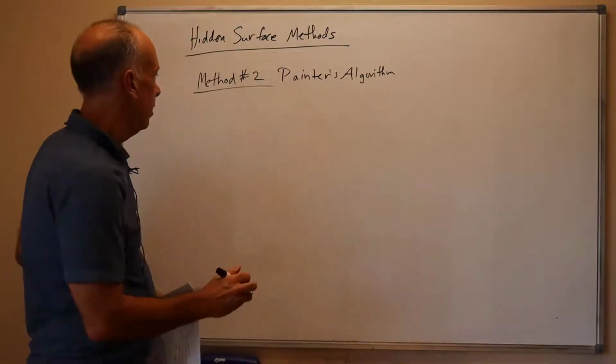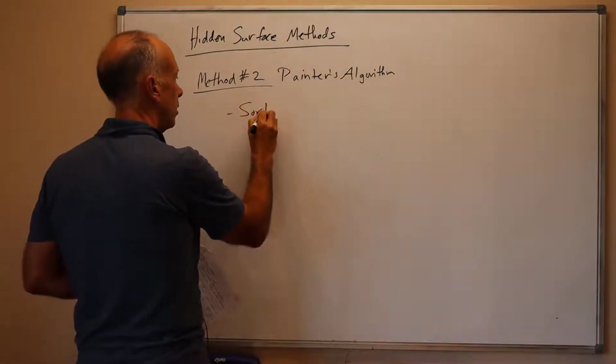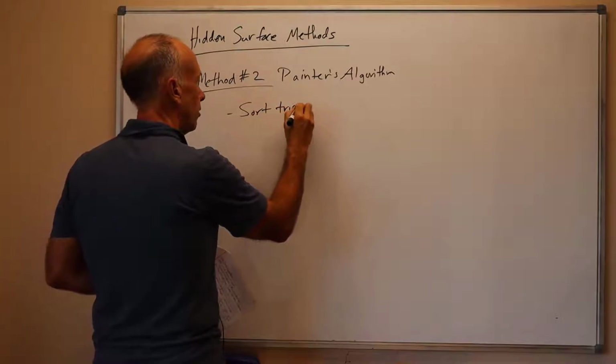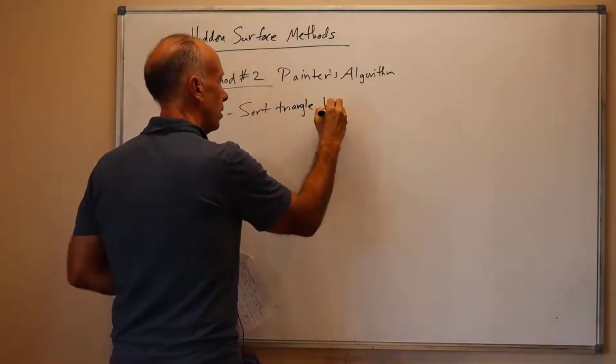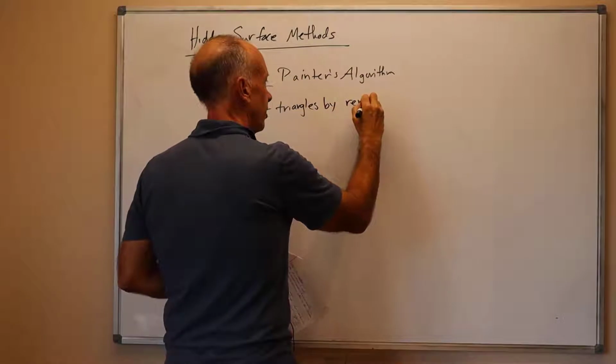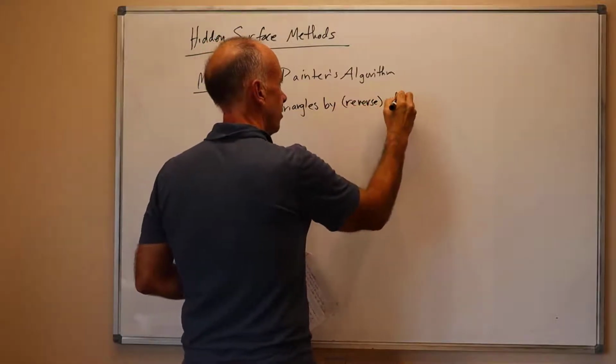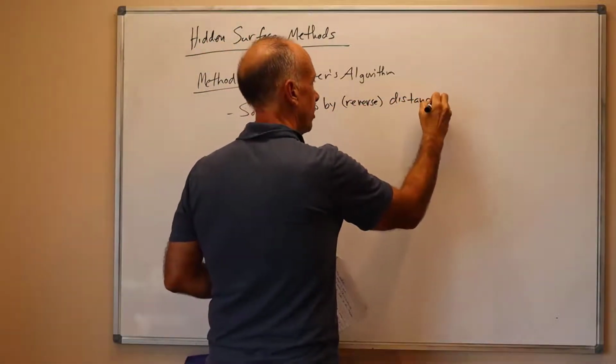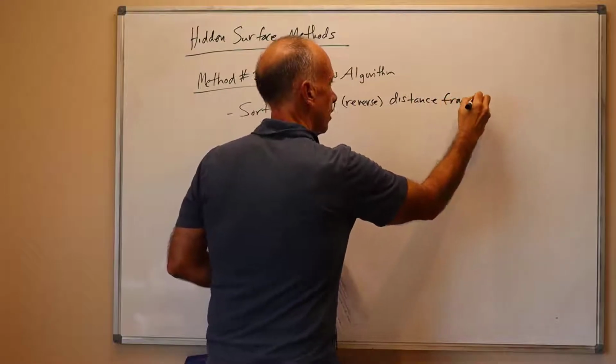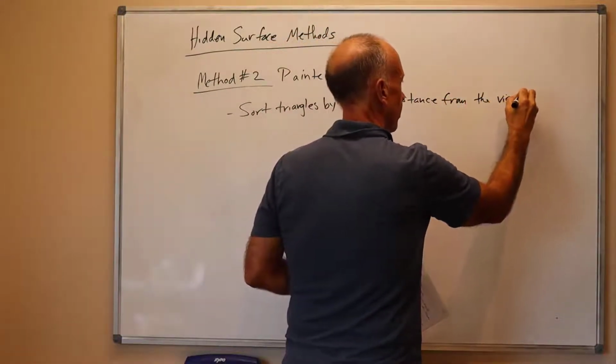So we sort triangles by the reverse distance from the viewer. So further away ones come first from the viewpoint.